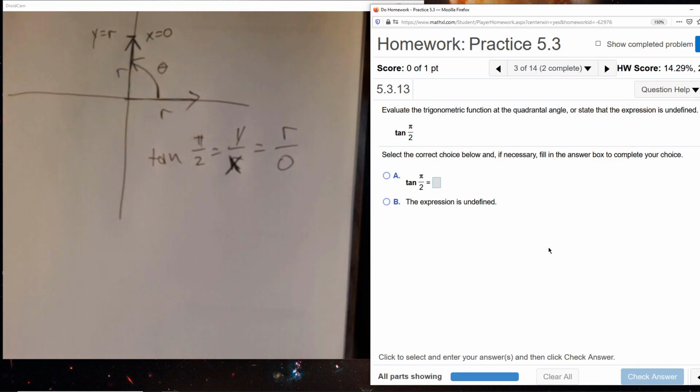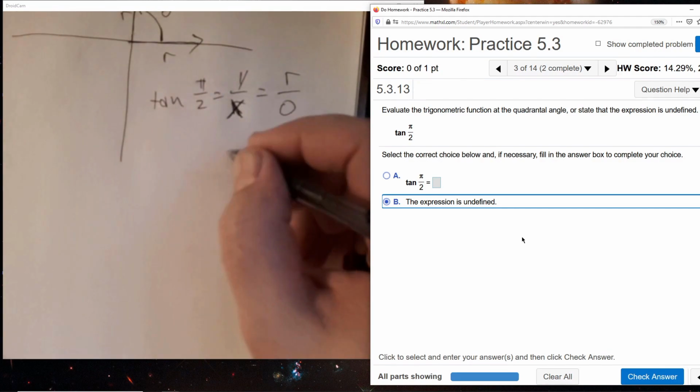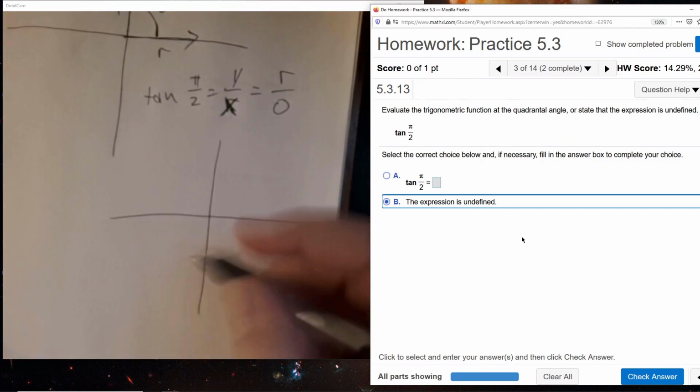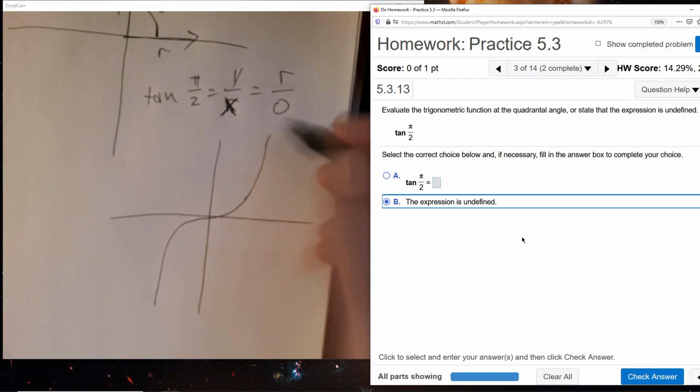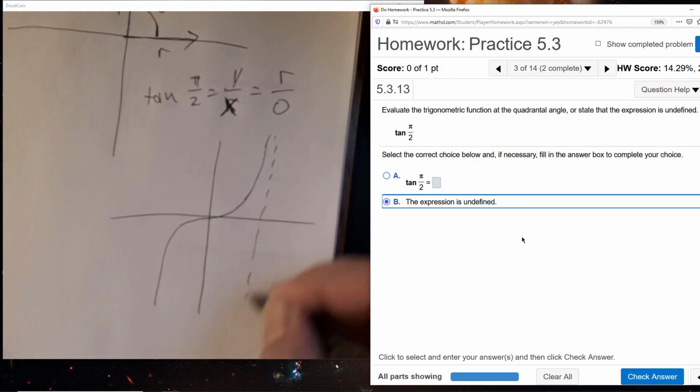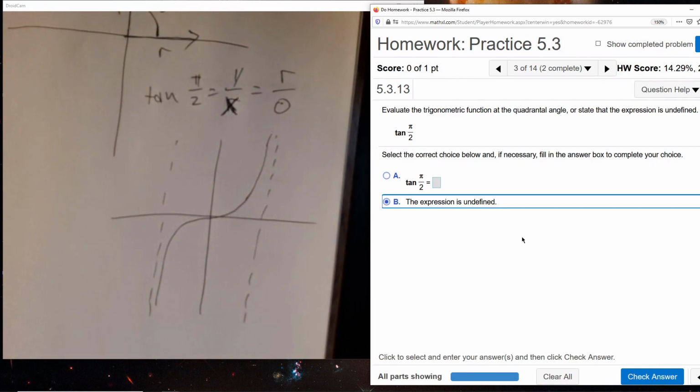And now in this case, we have division by 0, which is undefined. So this expression is undefined. And we'll see more of the tangent function. But the tangent function looks like this. And at 90 degrees, it has a vertical asymptote. It is not defined at 90 degrees.